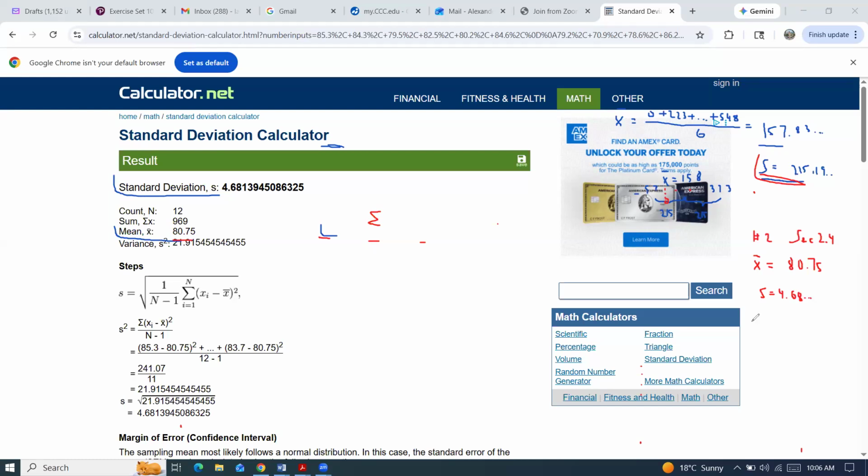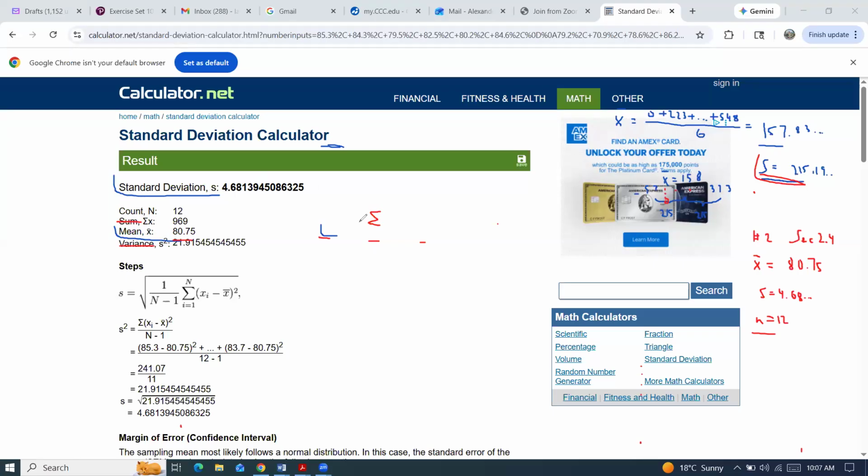They also say there are 12 elements in this sample. Remember, sample size, how many elements we have here? We have 12. Well, for this data, we don't need sum or variance. We don't care about those from this calculator. We just need mean and standard deviation.